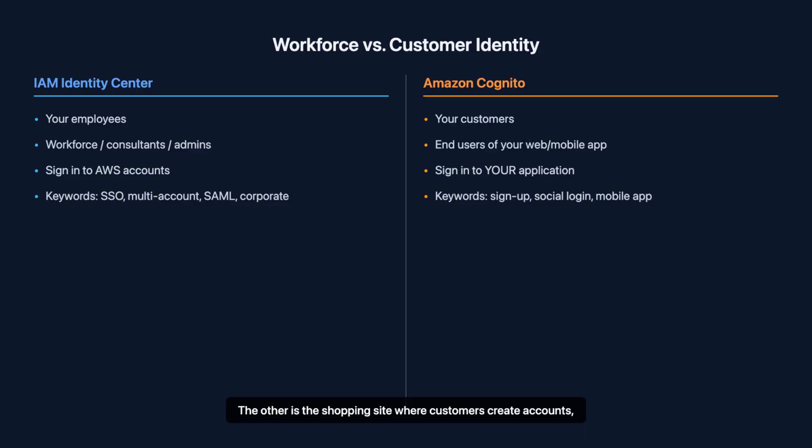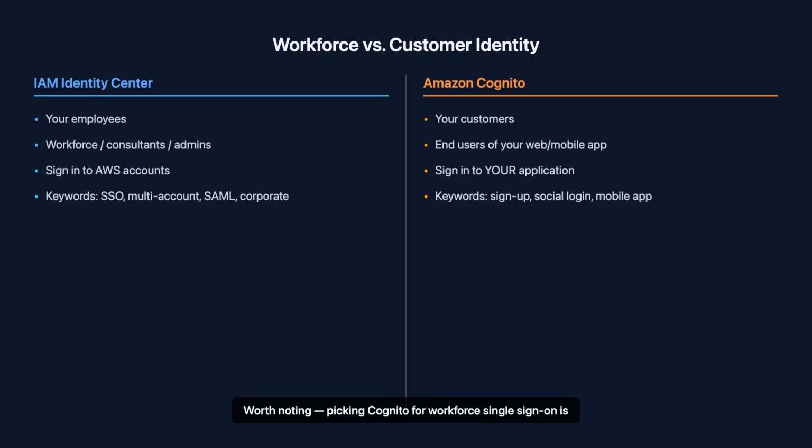The other is the shopping site where customers create accounts, reset passwords, and sign in with Google or Apple. That's Cognito on the right, scoped to the end users of the web or mobile app, with cues like sign-up flows, social login, and mobile app. These are two different populations with two different life cycles, which is why Amazon Web Services gives them two different services.